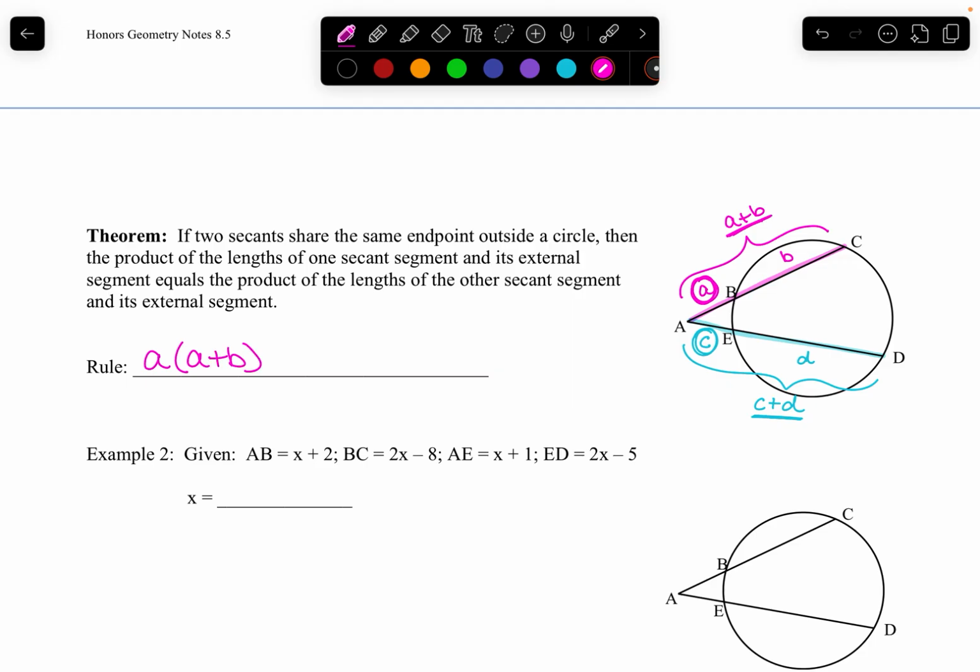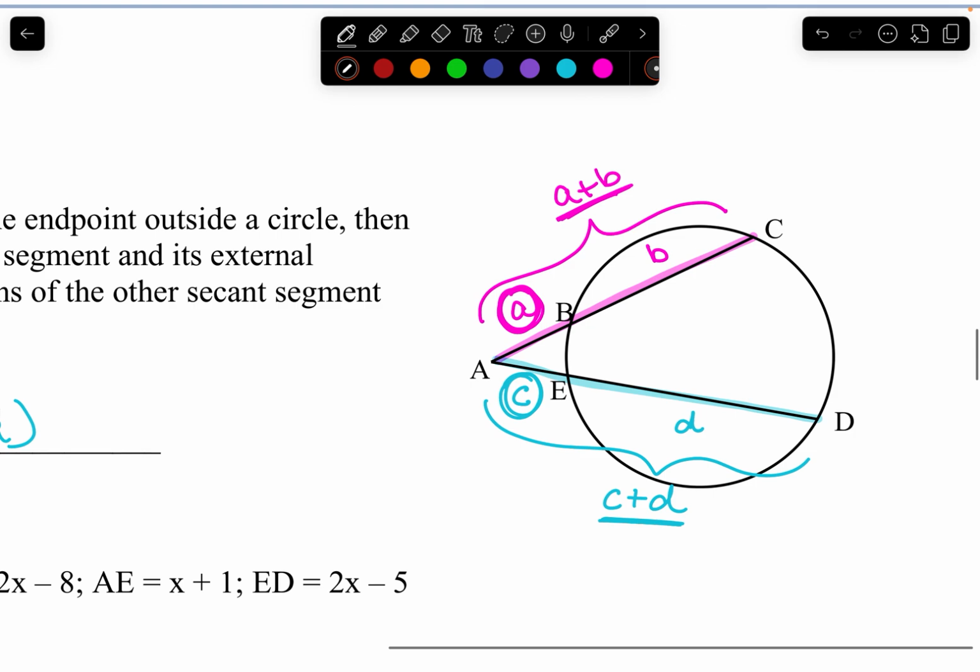So A, which is the outside portion, times the entire secant, which is A plus B. And that is going to equal, on my other secant, its outside or external portion times the full secant together. Okay? An easy way to remember this makes me giggle when I say this, is out.